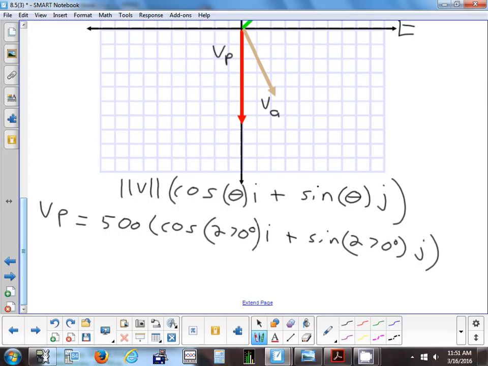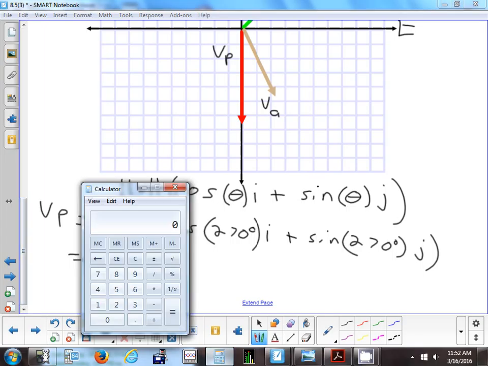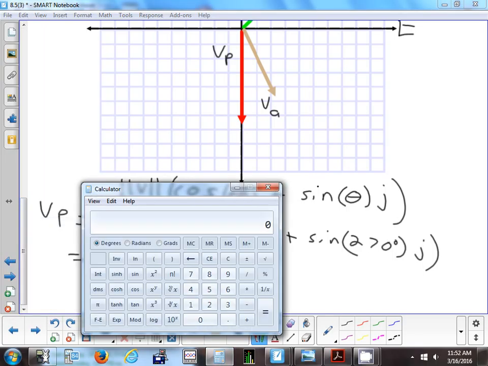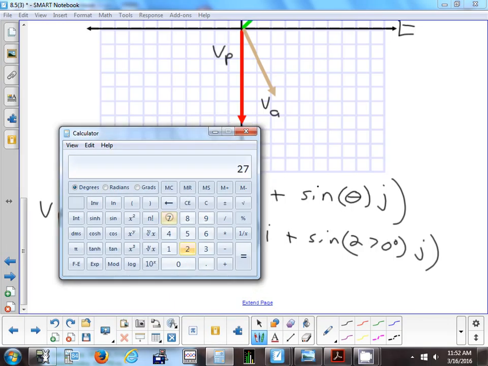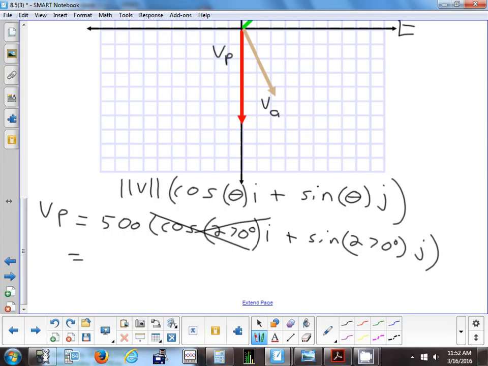Now it's flying south. There's no horizontal component to the velocity vector for the plane, so I'm hoping one of these comes out to 0. Okay, let's do cosine 270. If you know it, that's fine. If not, just check it. 0. There's no horizontal component to this.